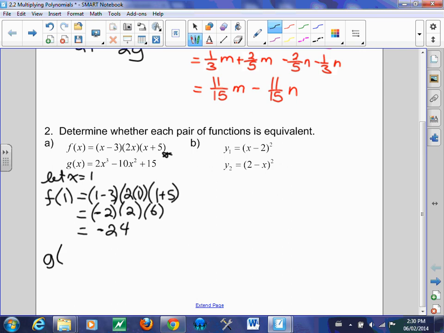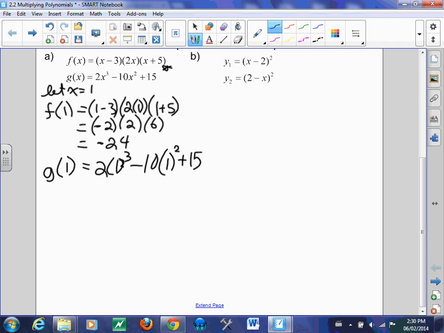Let's try plugging in x equals 1 for the g of x function. So g of 1 equals 2 times 1 to the power of 3, minus 10 times 1 squared, plus 15. Okay.